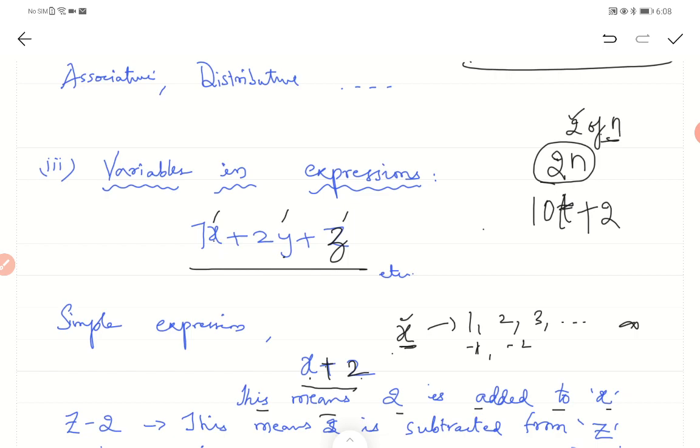Now I have an expression like 10t minus 2. First we are multiplying 10 with t, and from this product we are subtracting 2. Or you can say 2 is subtracted from the product 10t.